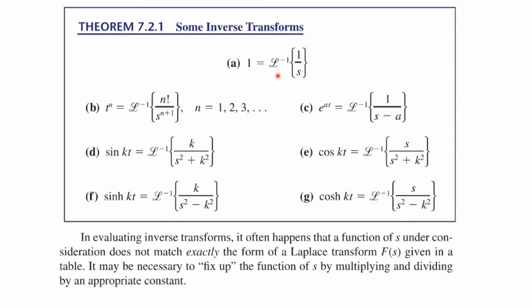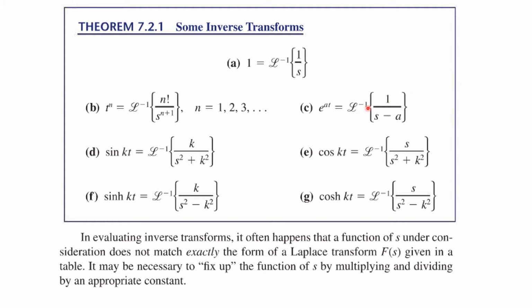The way we prove it is, the inverse transform of 1 over s is 1 because the Laplace transform of 1 is 1 over s. Similarly, the inverse transform of this expression in s is t to the n because the Laplace transform of t to the n is this expression in your table.